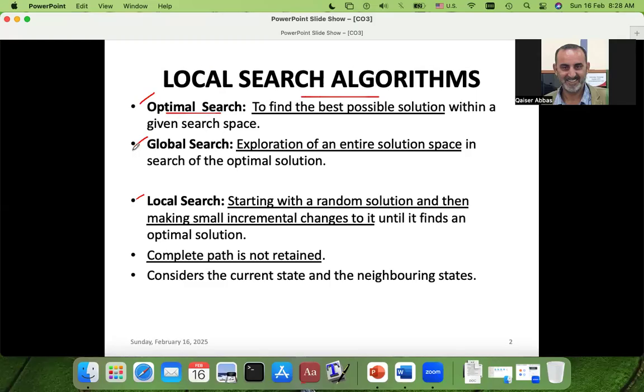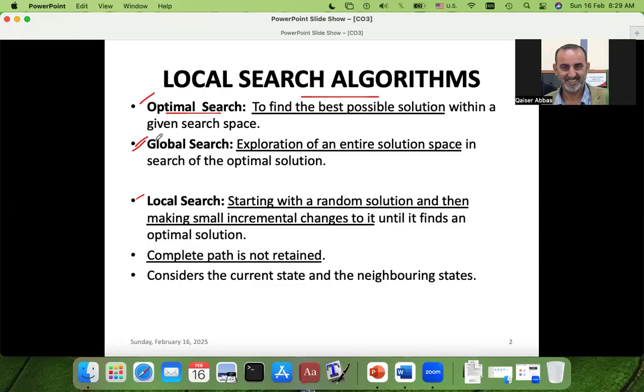And then the global search. For each problem, we will have a state space. We already know the definition of state space: the set of actions and the set of states. So for any problem, we will have a state space.